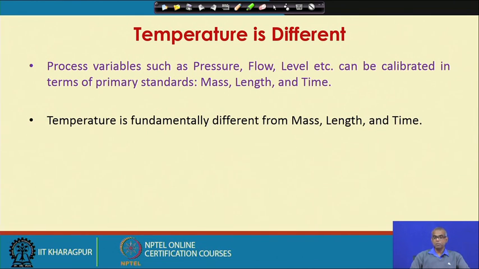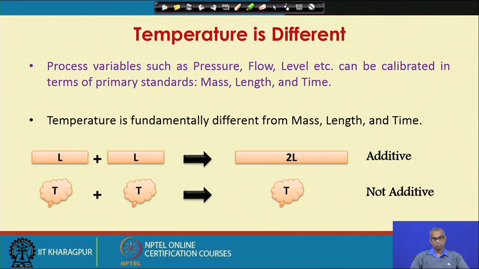But temperature is fundamentally different from mass, length and time. You cannot express the unit of temperature in terms of mass, length and time. Let us say two lengths. If you add them, you get 2L when you add L plus L. So, this is additive.